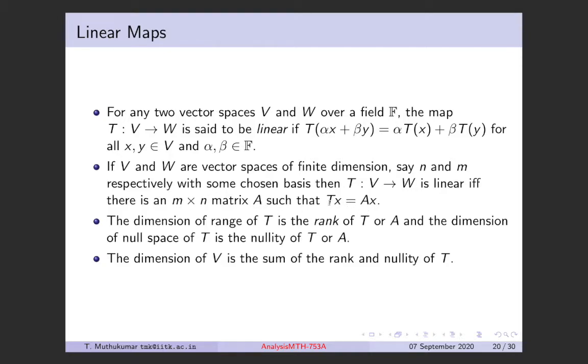So every linear map from C to C is a complex number multiplied to the argument, with the same explanation that we gave some time back.